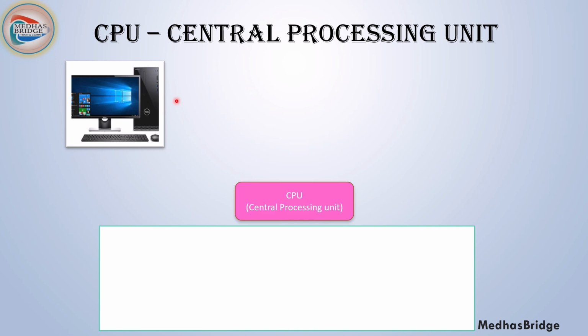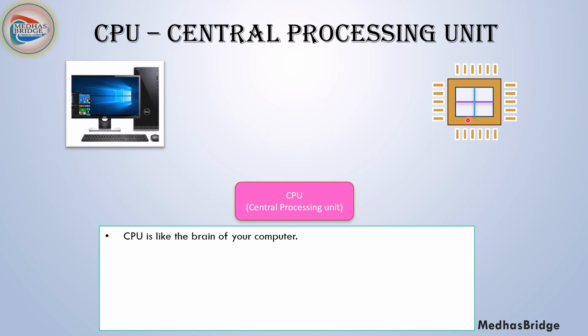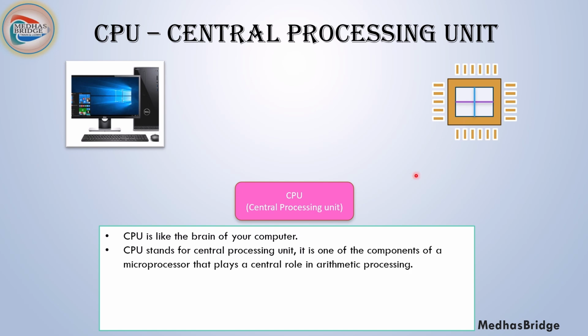So CPUs are the kind of processor we talk about. You can see the CPU as the brain of your computer. CPU stands for central processing unit. It is one of the components of a microprocessor that plays a central role in arithmetic logic operations, ALU processing, in short.